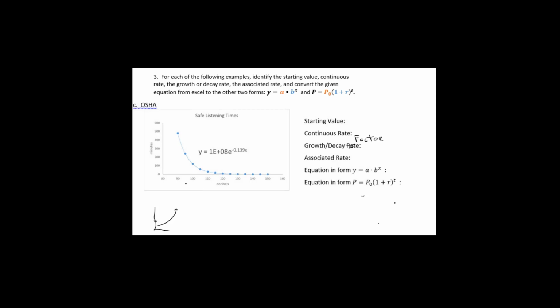So this is decibels, which is a measurement of noise. And this is how many minutes is safe to listen at these decibel levels. So at decibel levels over 120, you don't want to listen very long, just maybe seconds. But when you get decibels at 90, you can listen for about 500 minutes. So that's what this is, safe listening times.